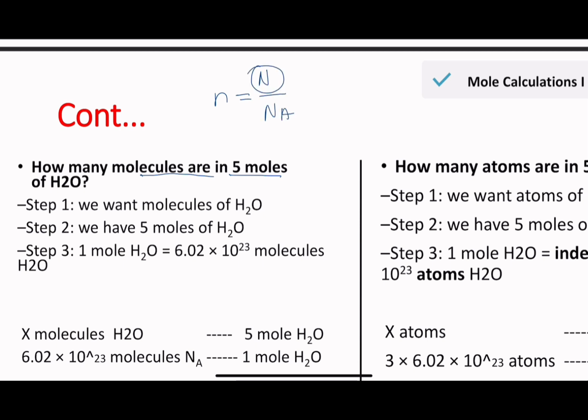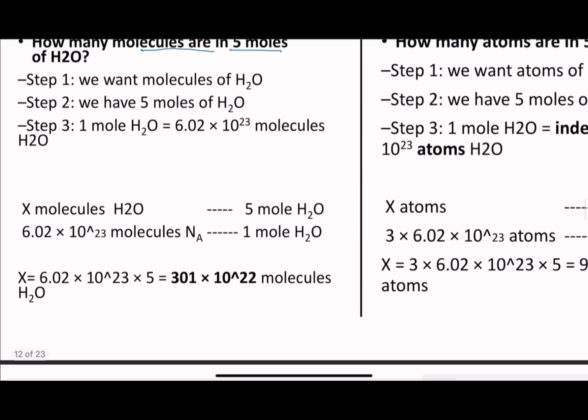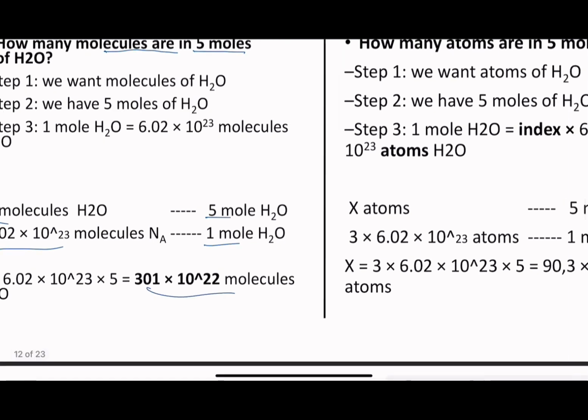Now it is asking us for the capital N, how many molecules, n multiplied by Na, and then you know that 5 is given to you times 6.02 times 10 to the power of 23, and it will be 3.01 times 10 to the power of 24 molecules. Or you can do a proportion, 1 to Avogadro number, 5 to x, and then you get the answer.